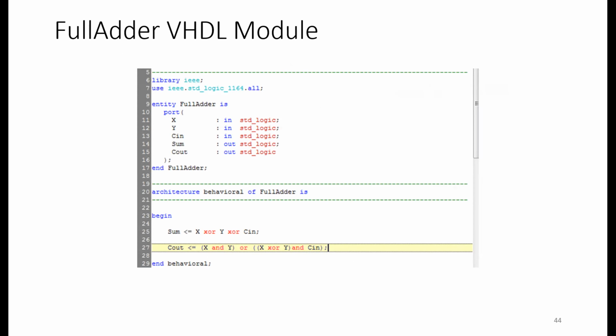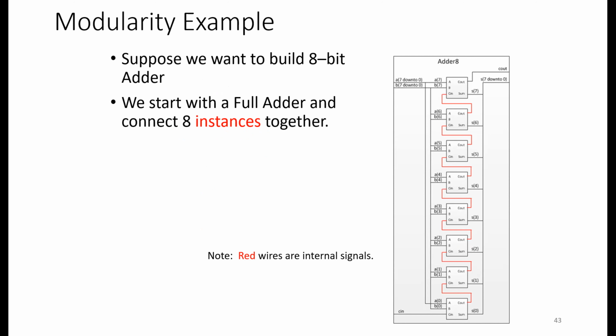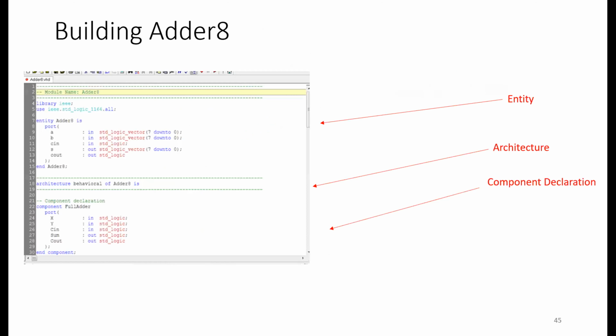This is the program you have just written, the full adder. The full adder, it is any one of those 8 boxes. And this is my new program that you will be writing.